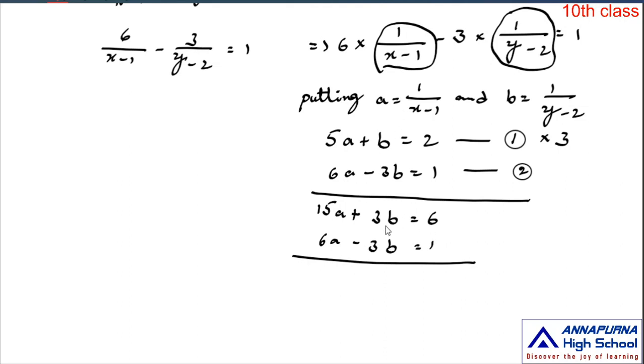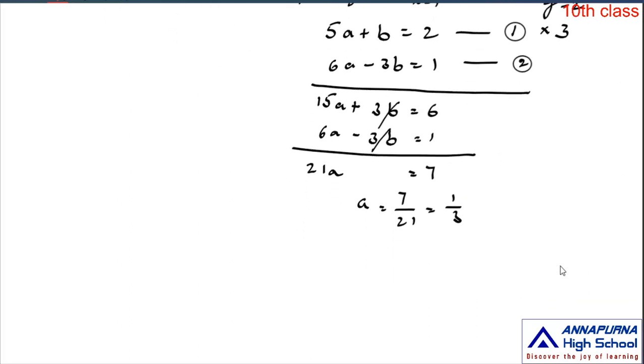The signs are different, so add these two equations. 15a plus 6a is 21a, 3b minus 3b cancel, and 6 plus 1 is 7. So a is equal to 7 by 21, which is 1 by 3.